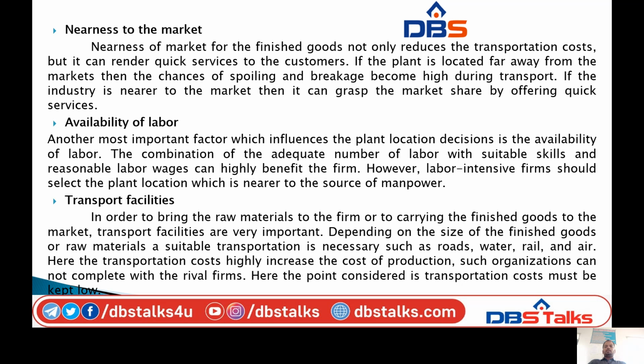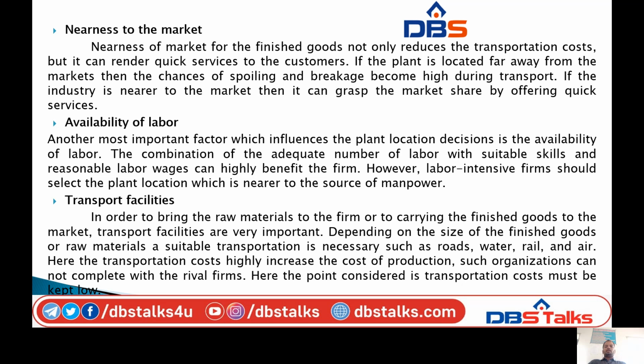If the plant is located far away from the market, the chance of spoiling and breakage becomes heavy during transport. So, if the industry is nearer to the market, it can grasp the market share by offering quick services.